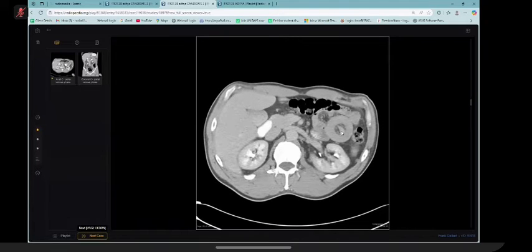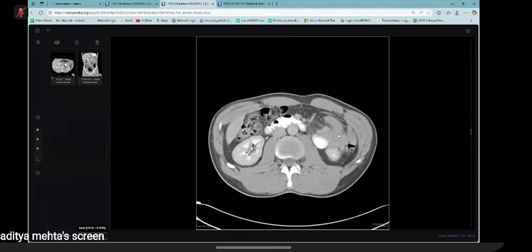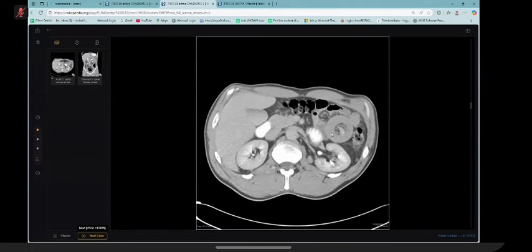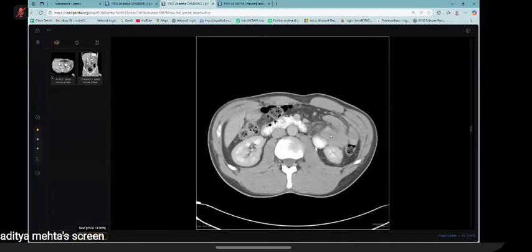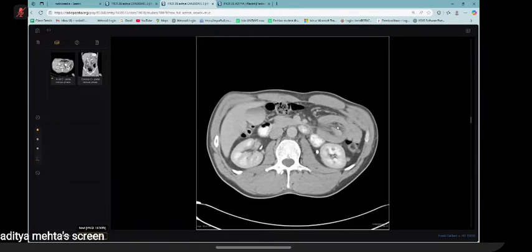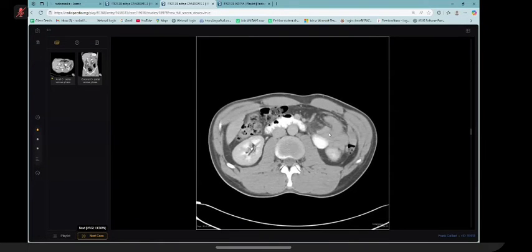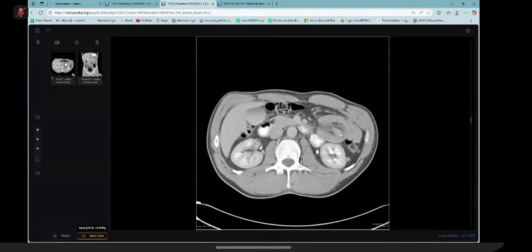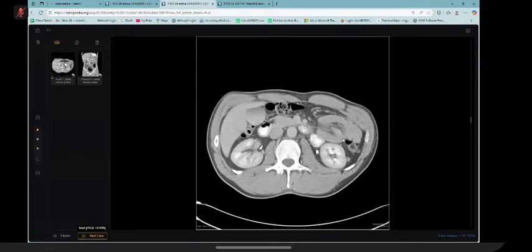There is invagination of one bowel loop into the other, favoring intussusception. I am looking for any lead point causing this intussusception. And there is small mesentery with small lymph nodes going into the recipient with a heterogeneously enhancing area invaginating into the bowel loop.